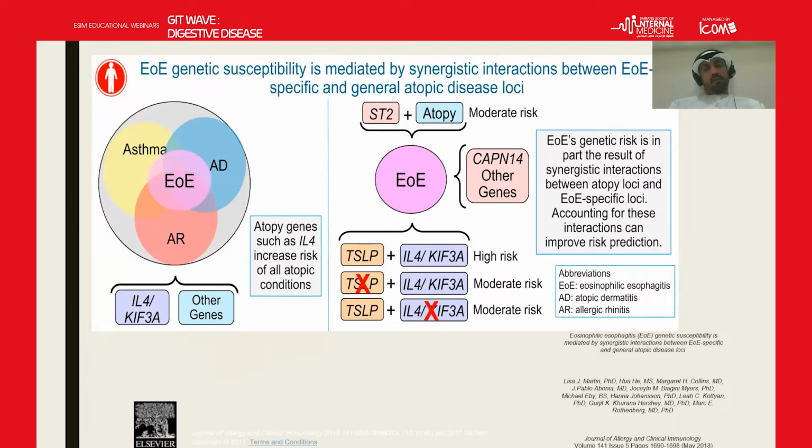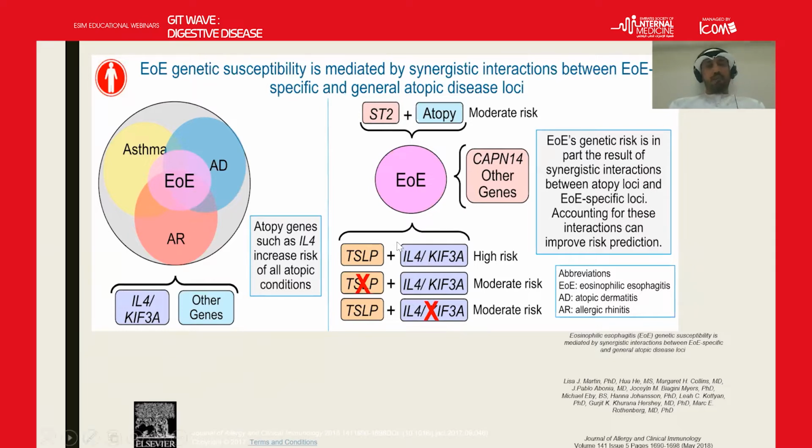Again, here you can see in these pictures the atopic disease that has been seen with eosinophilic esophagitis, in the circles, associated with asthma, atopic dermatitis, and allergic rhinitis.